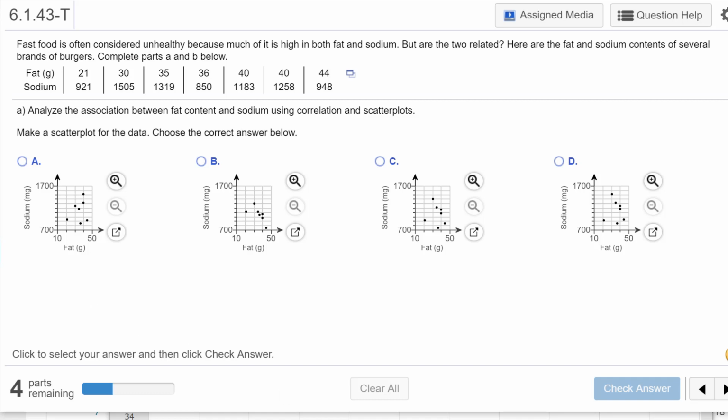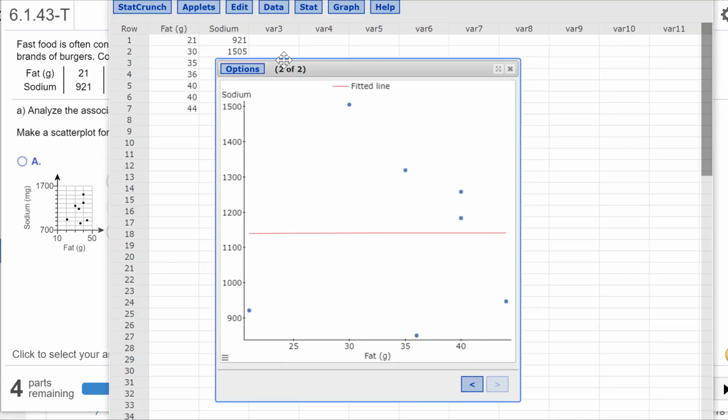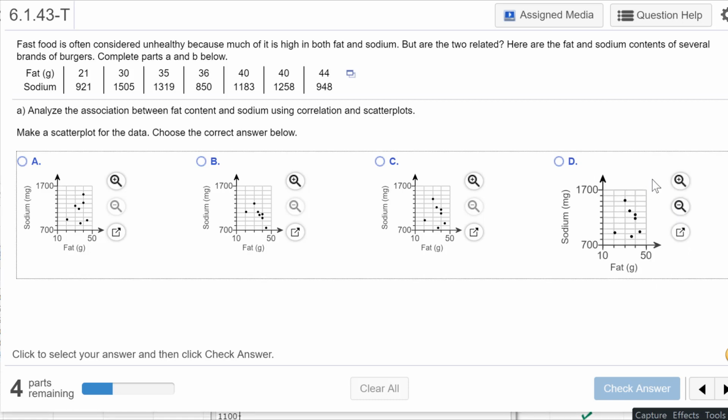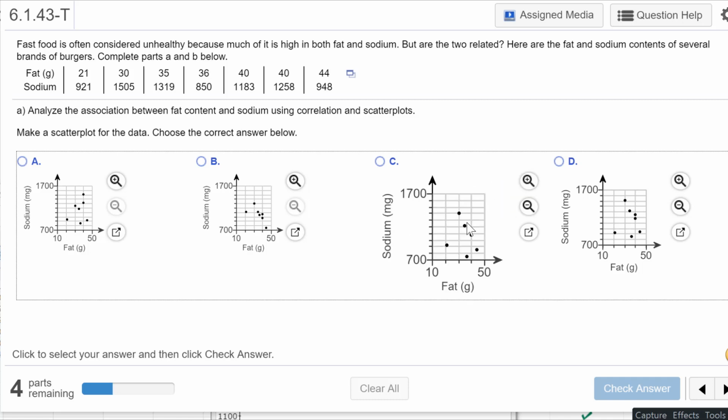So which one does that match up with? Okay, so this one was actually a little tough for me. It's between C and D, right? So I had to actually blow this up a little bit. Let me blow both these up. So if that's 1700, and then 1600, 1500, 1400 is that one. 1615 is that one.